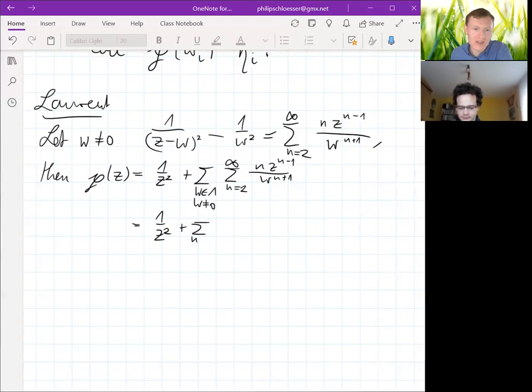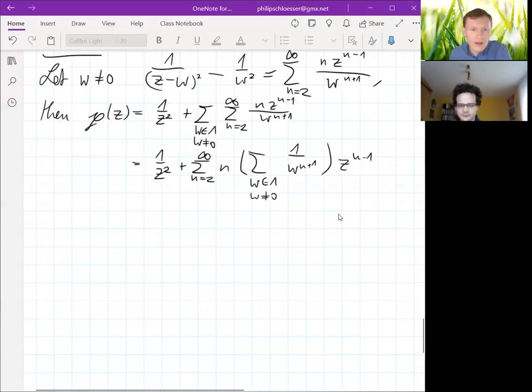And then we have it as a power series in Z. Well, we can pull the factor n in front, and then we have the sum over all lattice sites of 1 over W to the n plus 1, times Z to the n minus 1. And well, this coefficient, we're going to call it C n minus 1.